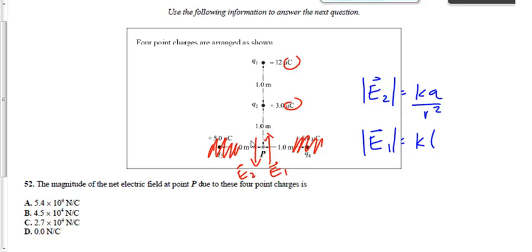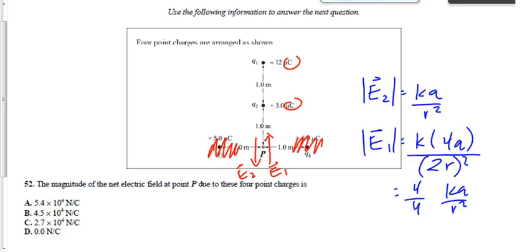So it's 4 times the value of charge 2, and the distance is going to be twice the value of the distance between point P and charge 2. It becomes 4 over 4 KQ over R squared. In other words, E1 ends up being the same value as E2. And since they're opposite directions, they're going to cancel each other out as well. It's as if those two aren't there as well.